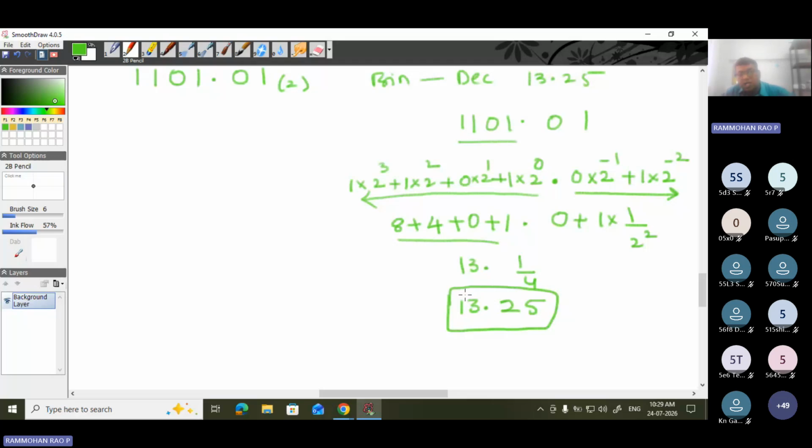Now we have to see how this floating point number is stored inside the computer. Before I explain this IEEE 754 standard, tell me whether this decimal to binary conversion, which involved fractional numbers, is clear to you or not. Please confirm in the chat box.